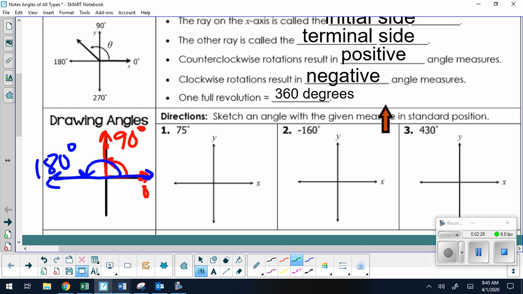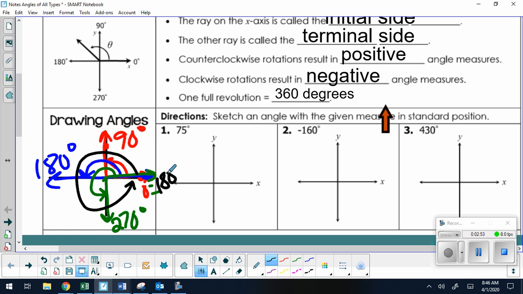And then I'll do this one in green. If I go from here to here, see how it's 3 90-degree angles? 3 times 90 is 270 degrees. And then if I go all the way around back to 0, back to there, that's 360 degrees.